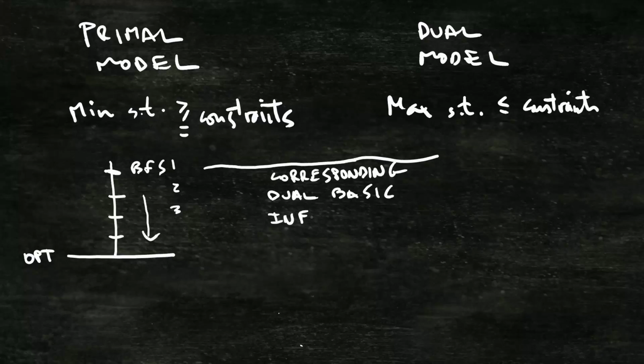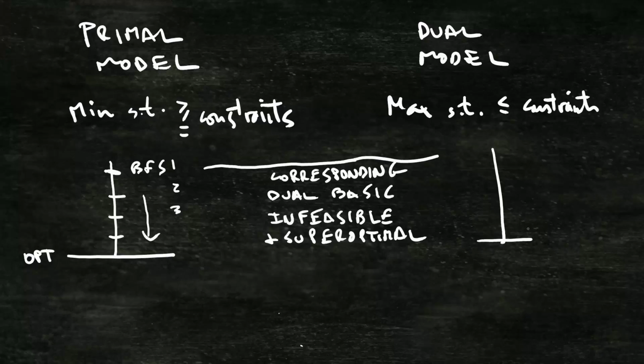So there will be a dual basic infeasible, and in fact there will be super optimal. So here we're maximizing, but all we're doing here is translating any basic feasible solution in the primal, which has a corresponding basic infeasible super optimal solution.